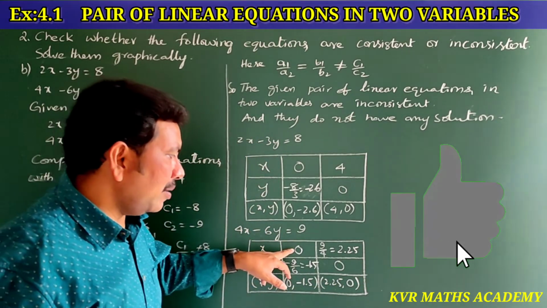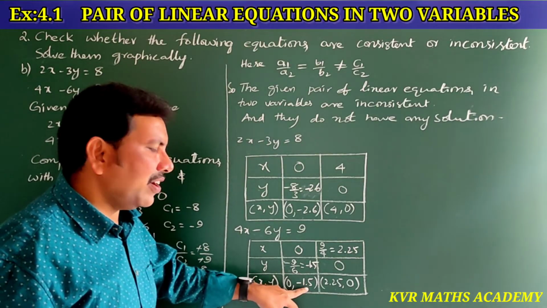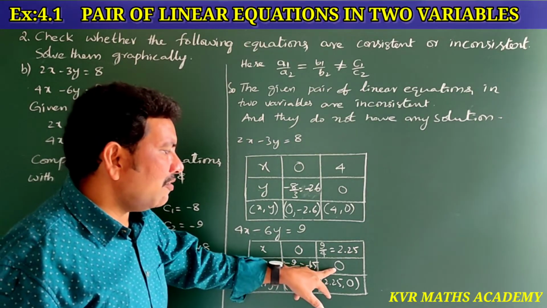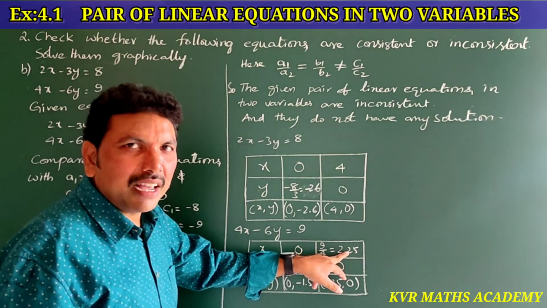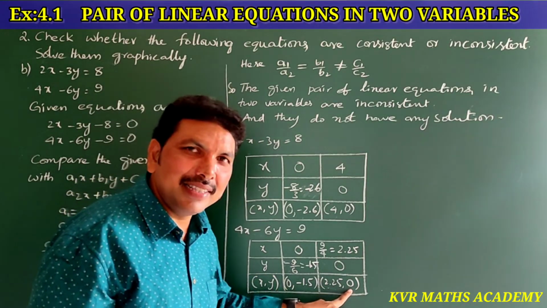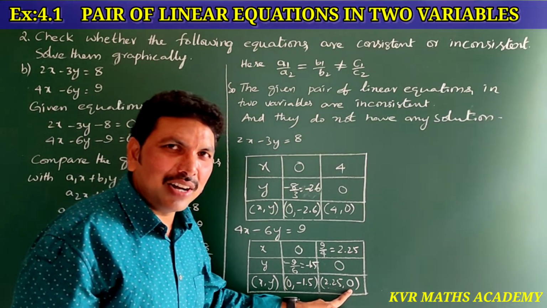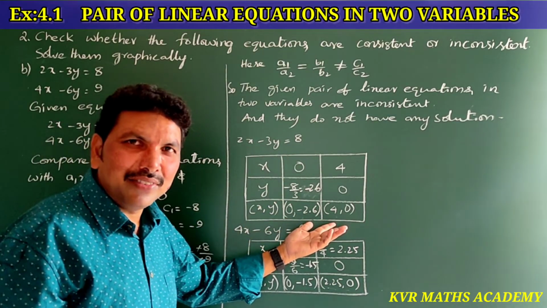So if you take x is equal to 0, you get minus 1.5 as the y value. If you take y as 0, you get 2.25 as the x value. Understood clearly? Now let us draw these points on the graph sheet.